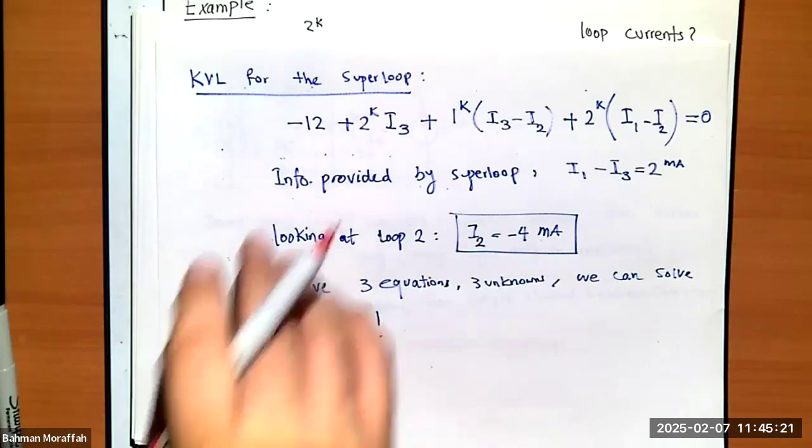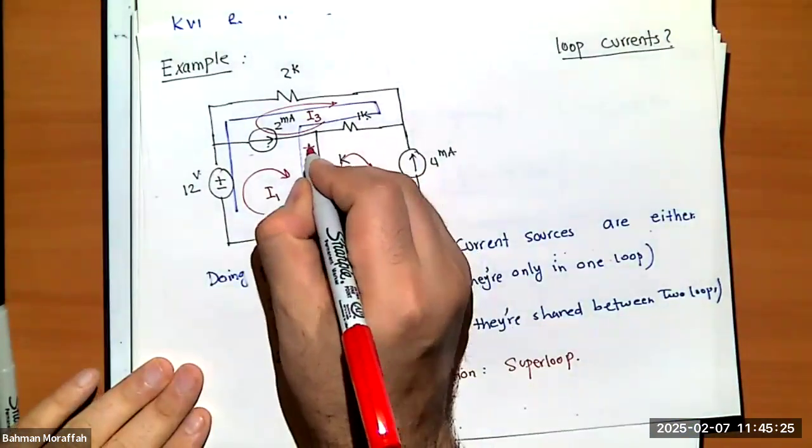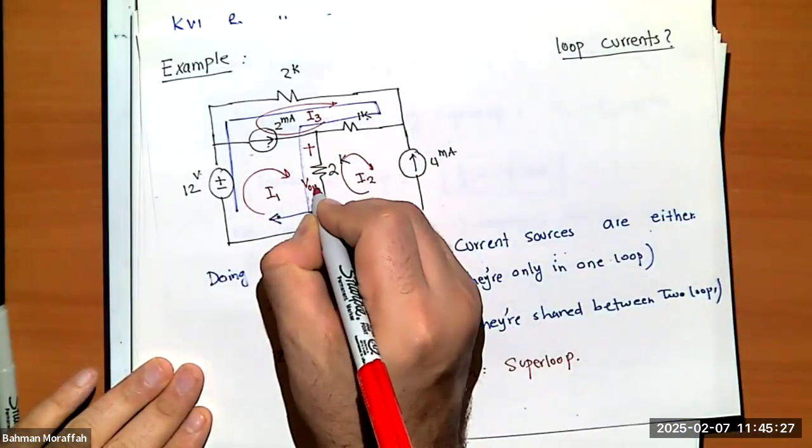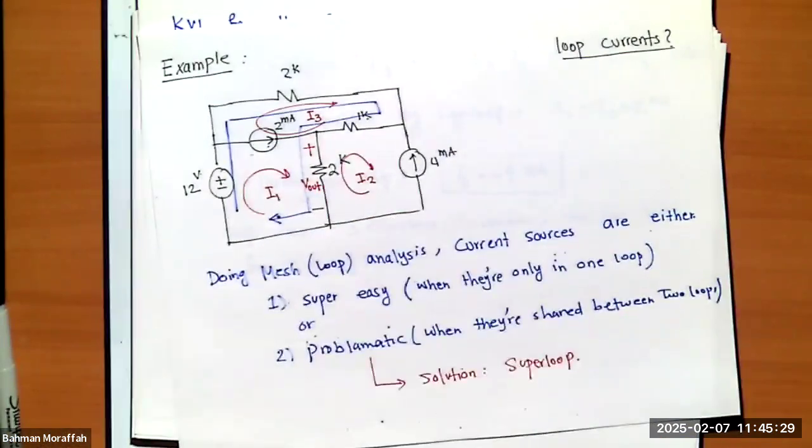Let's just say we define this guy to be the Vout. I know I1, I2, and I3, right? What is the Vout? Exactly. I have Ohm's law. I just need to multiply the value of the resistance by the net current passing through.